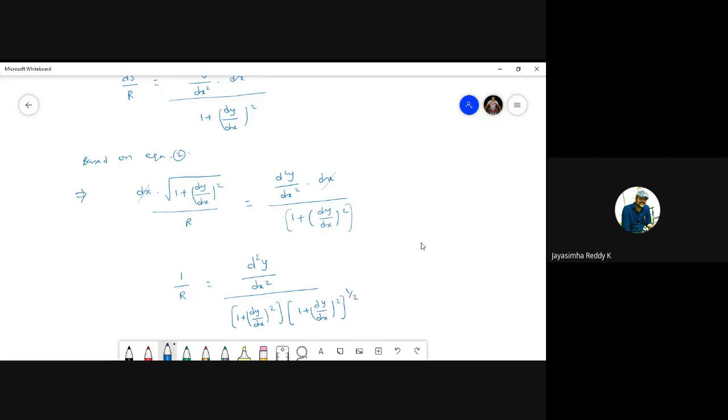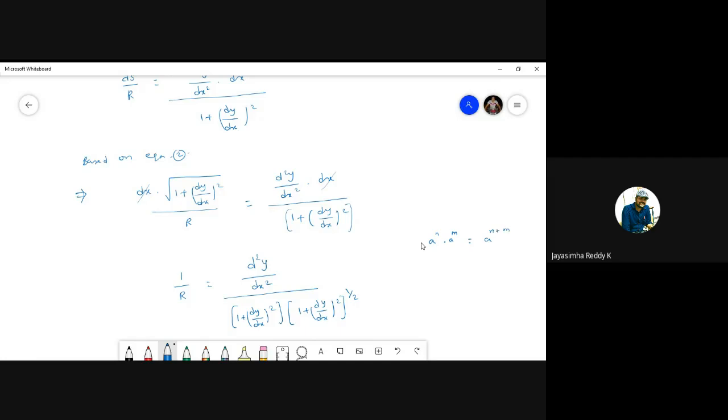I'm writing root as power of 1 by 2. So if you do this, a power n into a power m is equals to a power n plus m, right? This can be written.